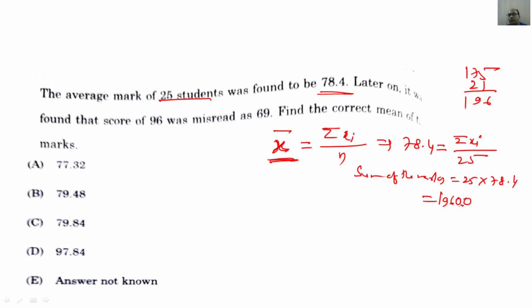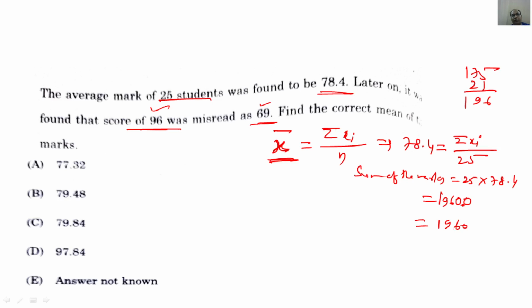Now we have to place the decimal, so 1960 is the sum of the marks. Later on it was found that a score of 96 was misread as 69. So 96 was actual but written as 69. It means 69 is already added here in 1960.